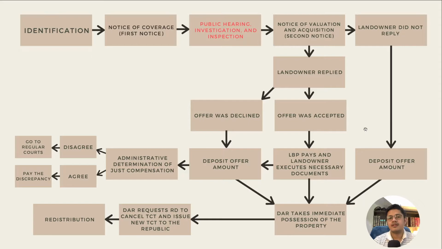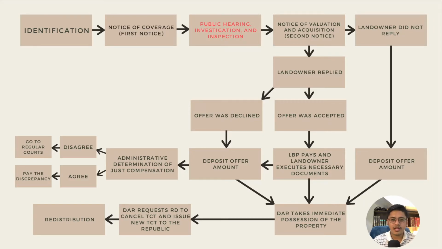But after the notice of coverage, the DAR will have to confirm its theory. The DAR will have to undertake confirmatory procedures so that this land, subject of a notice of coverage, will be confirmed as really within the coverage of RA 6657.